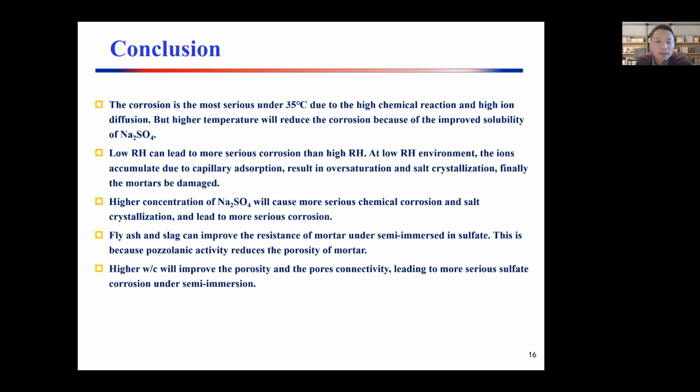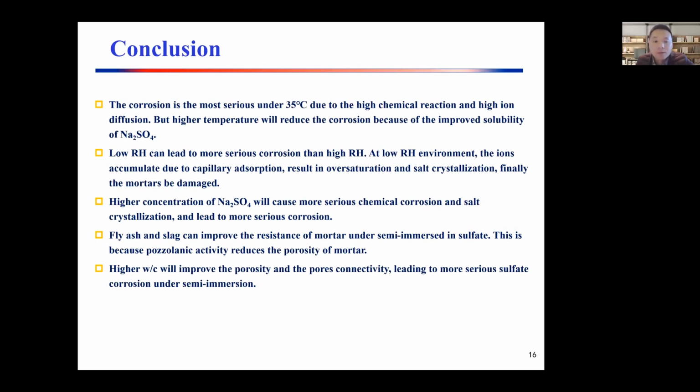The next one is higher concentration of sodium sulfate will cause more serious chemical corrosion and salt crystallization and lead to more serious corrosion. The next one is fly ash and slag can improve the resistance of mortar under semi-immersion in sulfate.